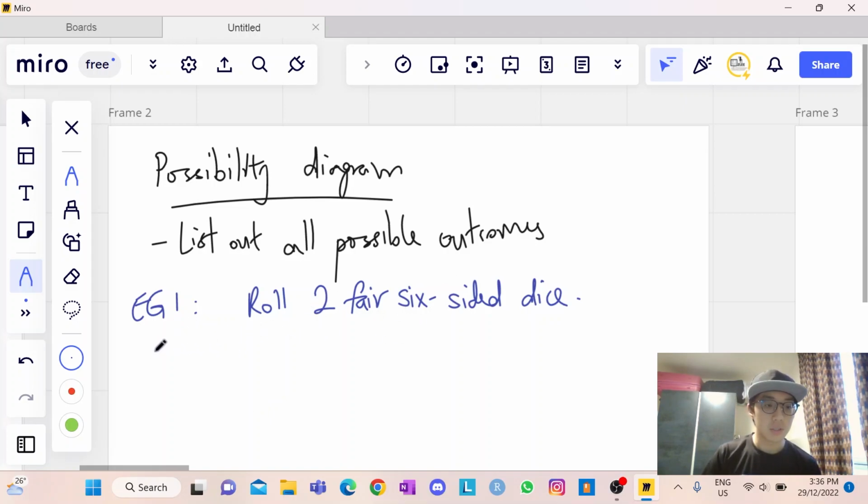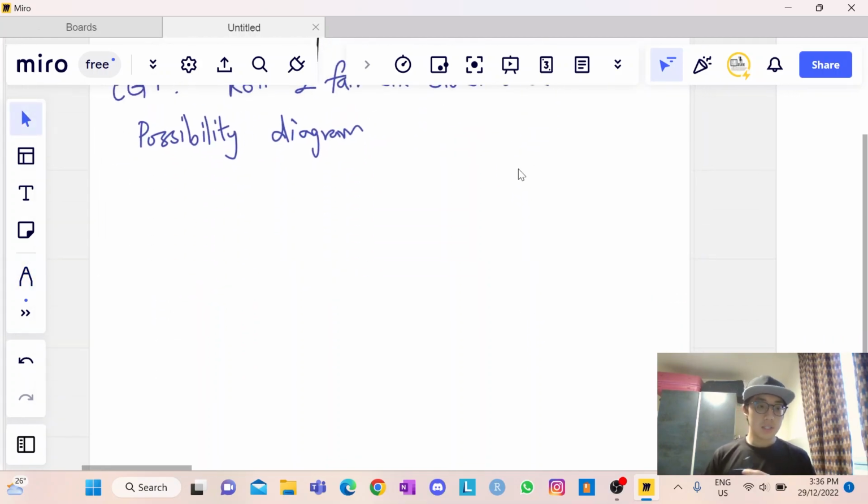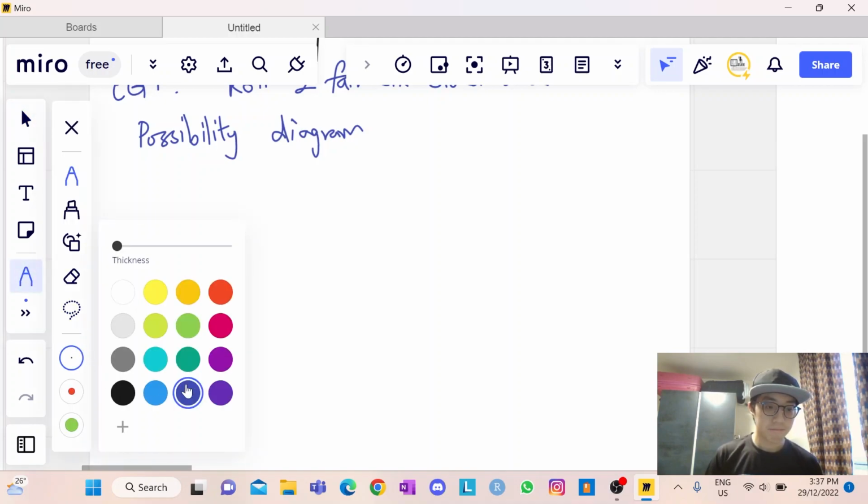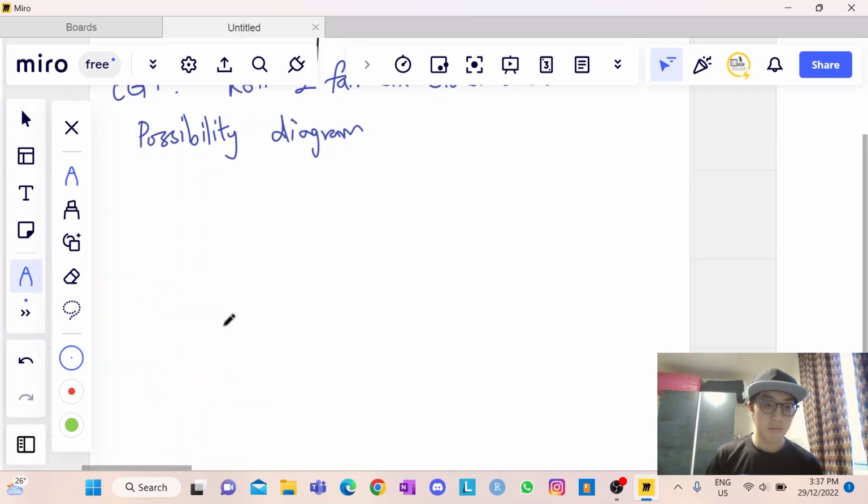The possibility diagram is as follows. Since you are tossing two fair dice, we're going to start the table.